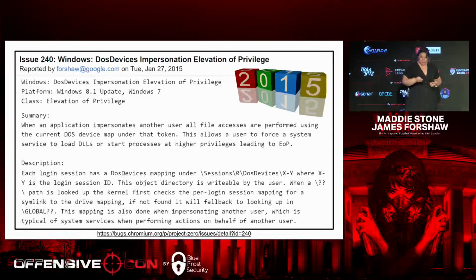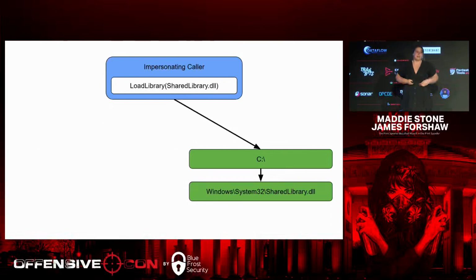And that can lead to elevation of privilege, because you can imagine that you have this privileged process that's impersonating a caller. The intention, if they're calling LoadLibrary on shared library.dll, is that it's going to go to the C drive, as expected, and then go to the normal Windows System32, for example, shared library DLL.